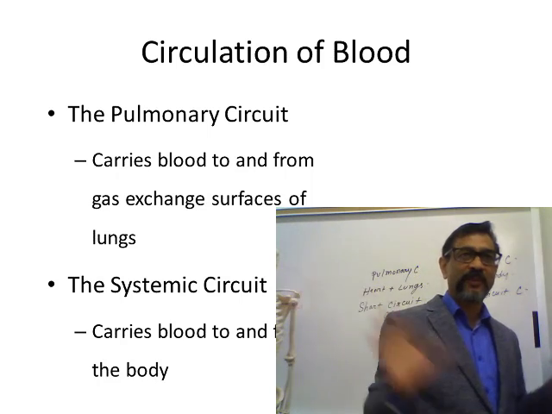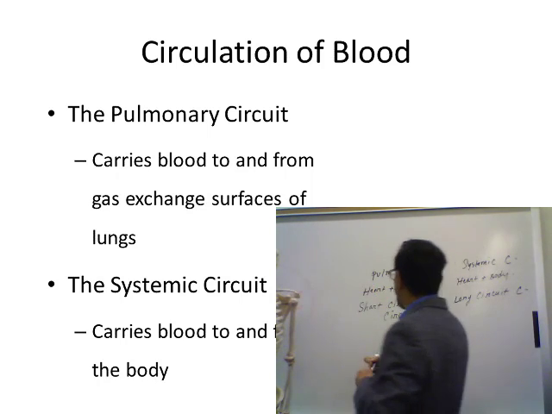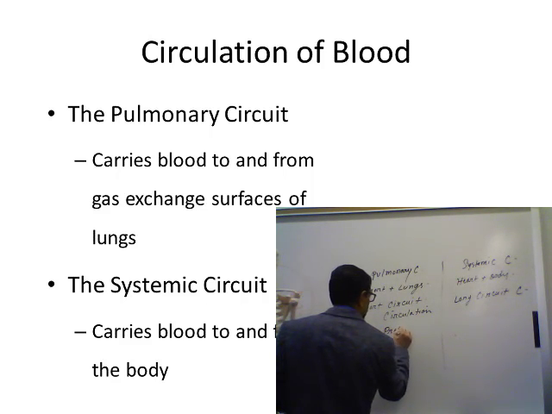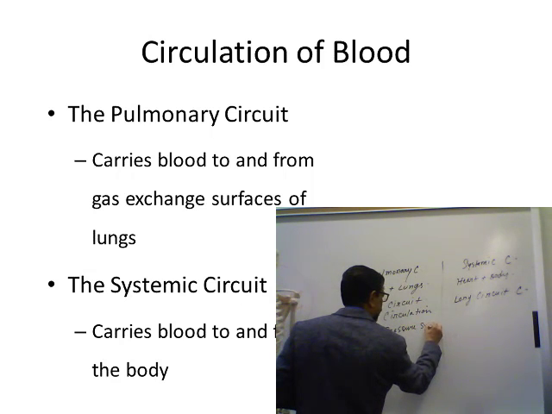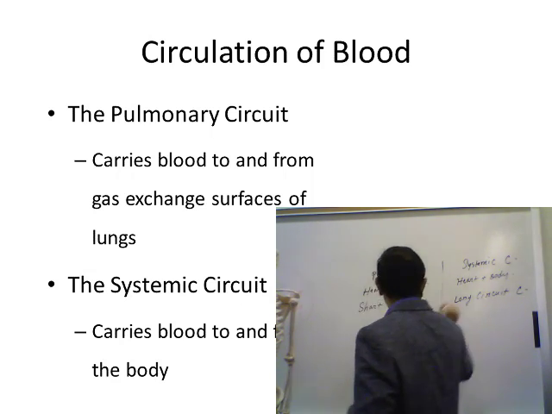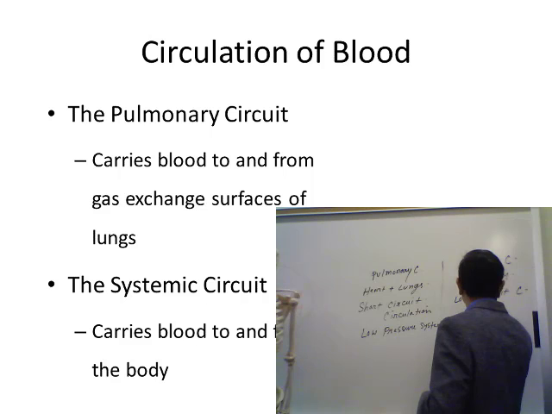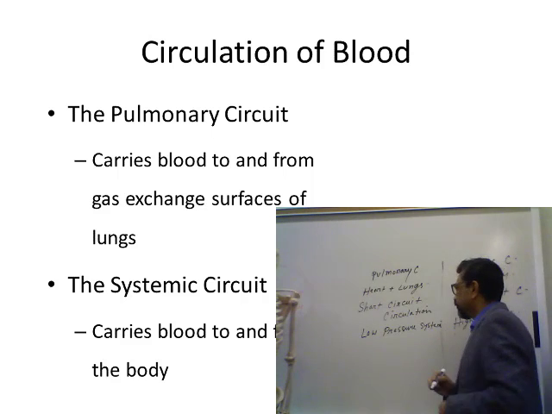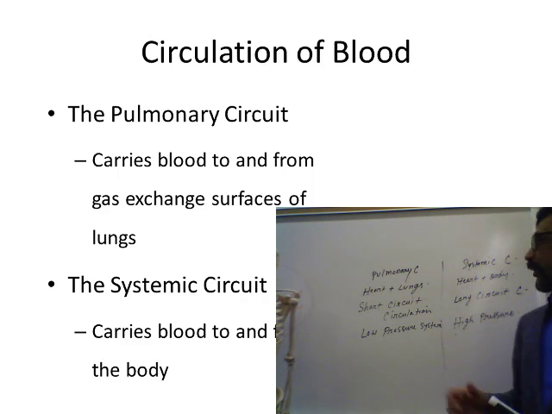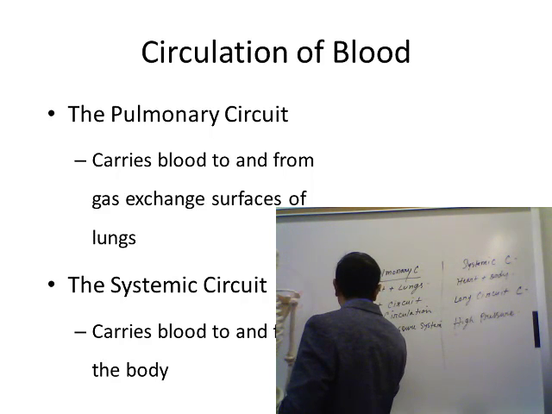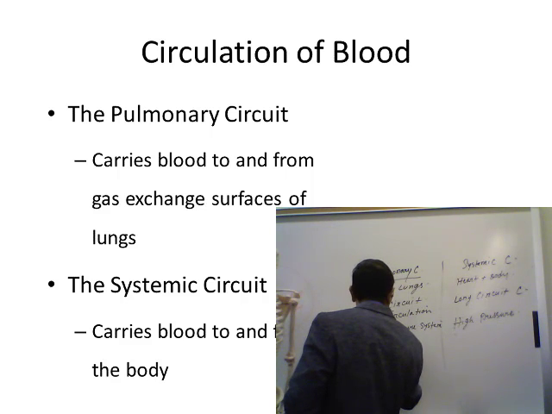Then you can say that in case of pulmonary circulation, deoxygenated blood is carried by arteries. In pulmonary circulation, arteries carry deoxygenated blood because you know that from the heart, deoxygenated blood goes to the lung, right?